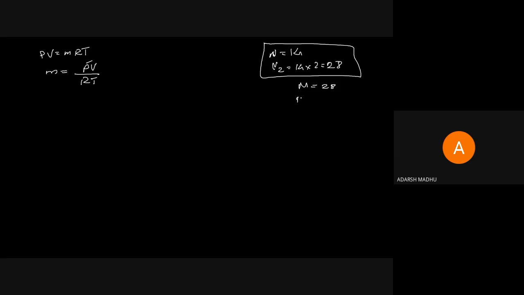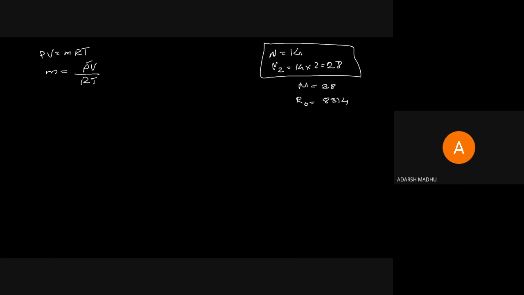And you know the R naught value, the universal gas constant, is a constant value 8314 joule per kilogram Kelvin. So the molecular weight of nitrogen is 28.